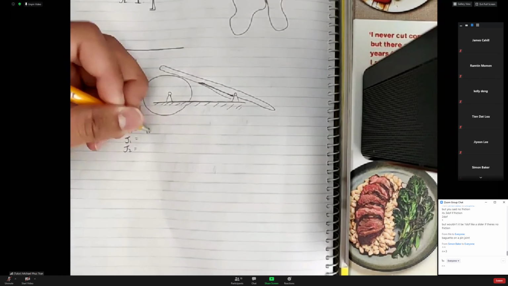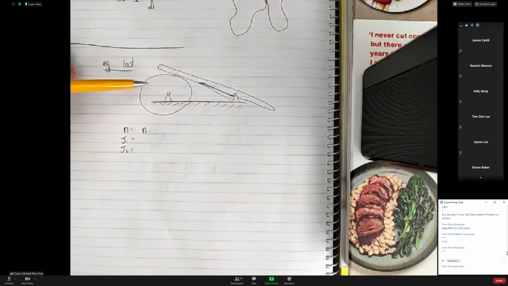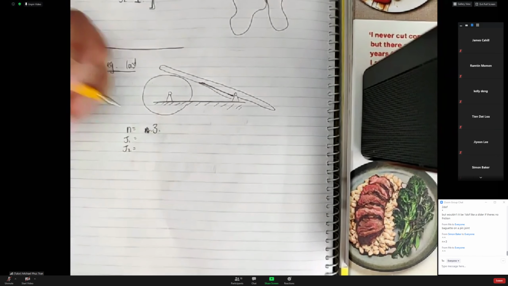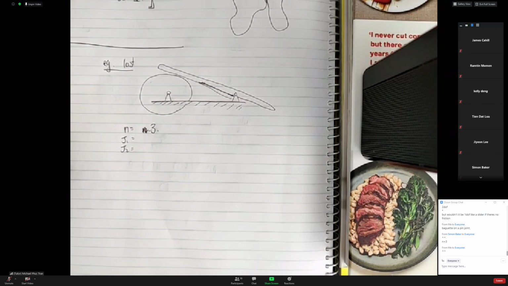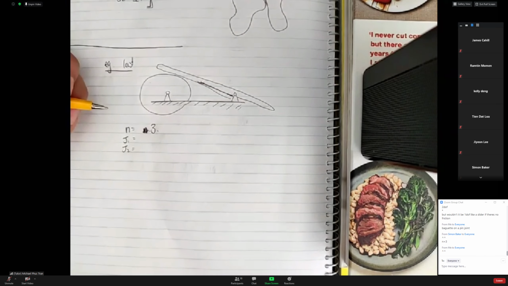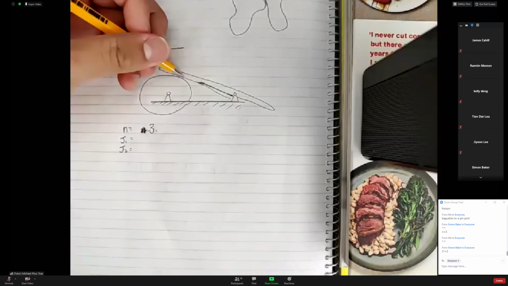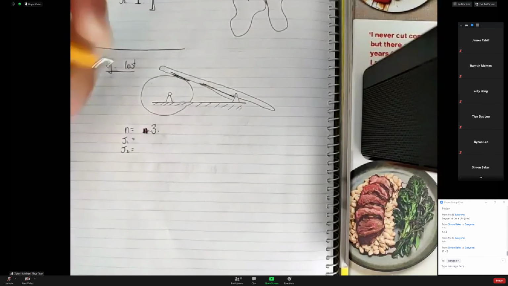Yep. So what's that? So the wheel, the ground, and the baguette. I wrote N there. J1. Do we think that this is a single degree or 2 degree?